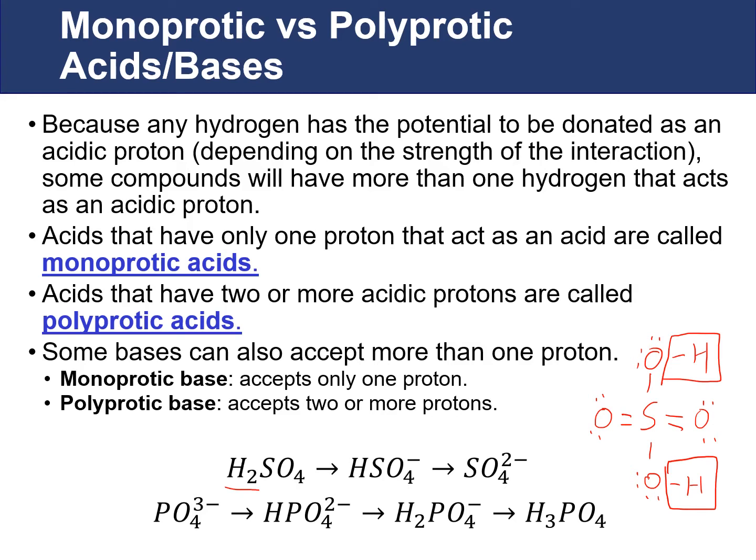Once all of the HPO4 2 minuses have accepted a proton, forming H2PO4 minus, then the H2PO4 minus can accept one last hydrogen atom or proton to become H3PO4. So in this case, this would be a polyprotic acid. And this would be a polyprotic base.